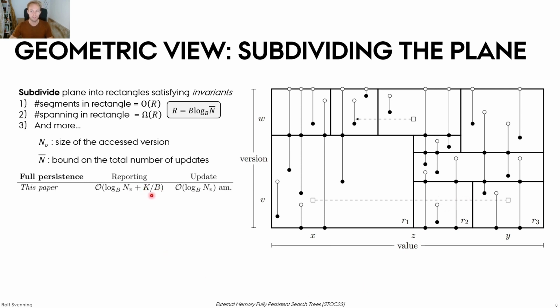So we output enough from all the middle rectangles that we can just charge it to the output. So that's the reason for this second invariant here. And there are some more invariants also, but these are two crucial ones. It's probably the first ones you come up with.